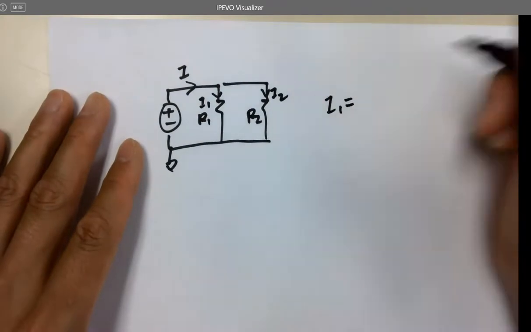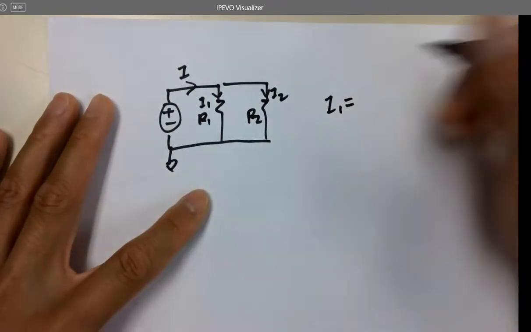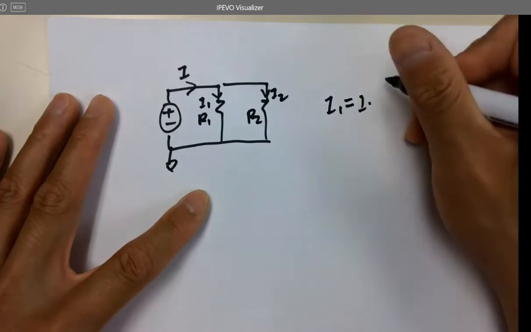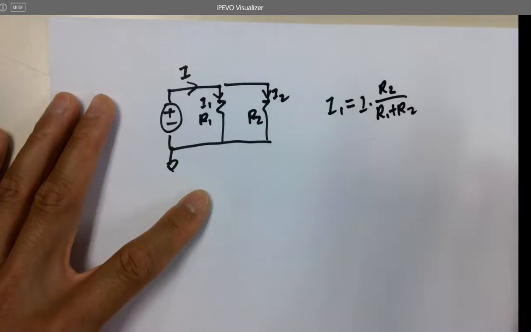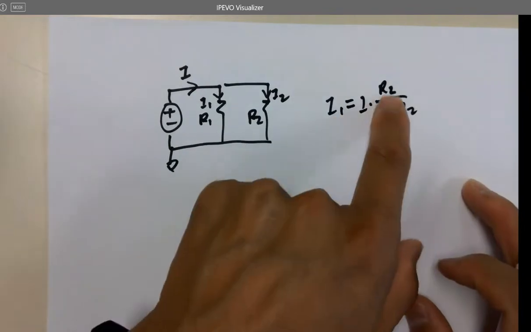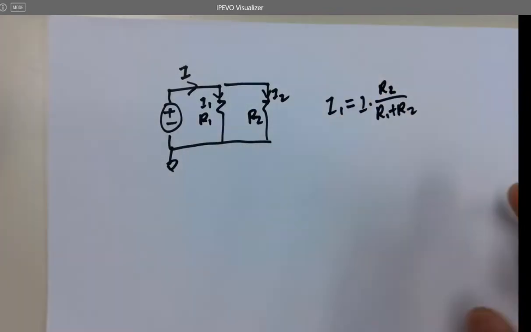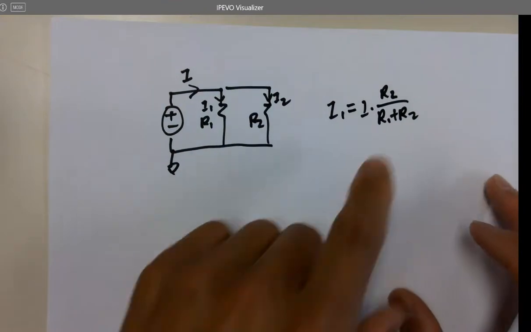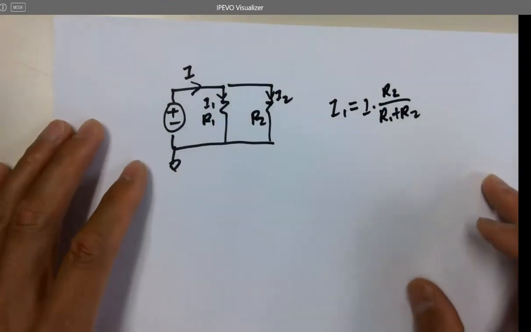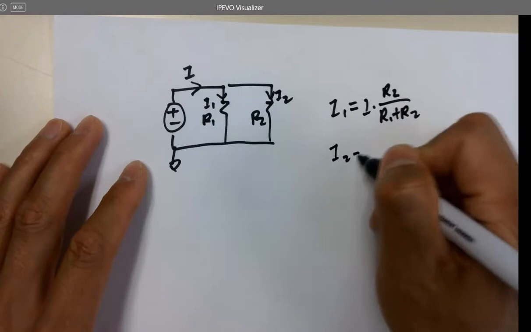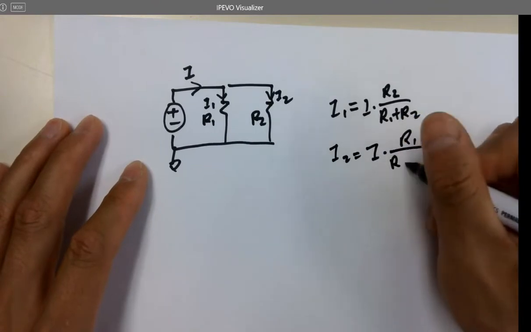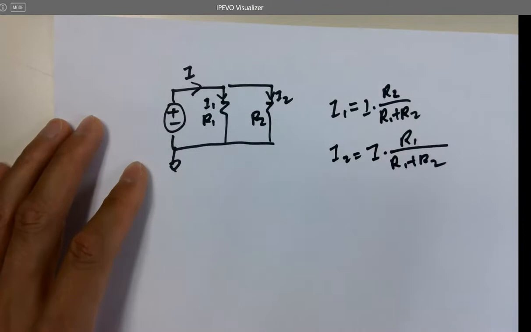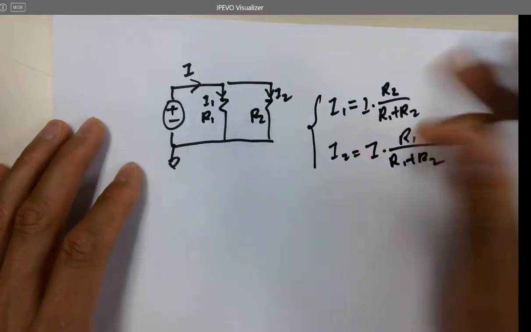I1 is, this is in my brain, so I just directly write it down. I1 is I times R2 over R1 plus R2. And why? I'm getting I1, but I'm not using I1 on the top, right? So R2 here. Why is that? And I2 equals I times R1, not R2 this time, over R1 plus R2. Like that. Where did this come from?